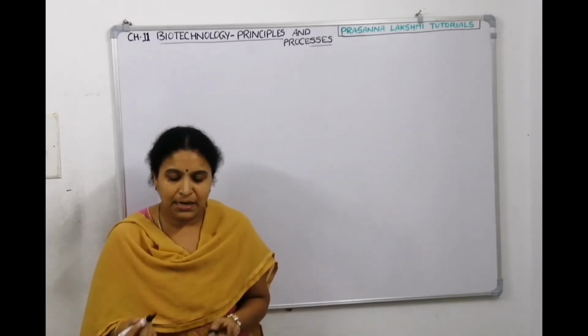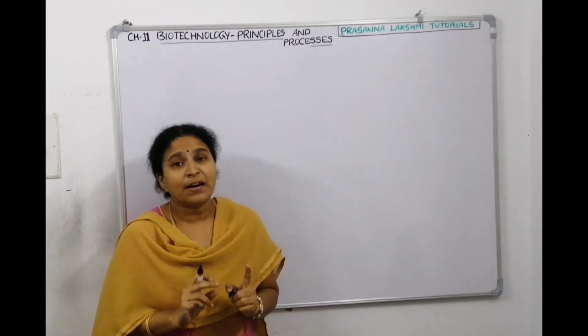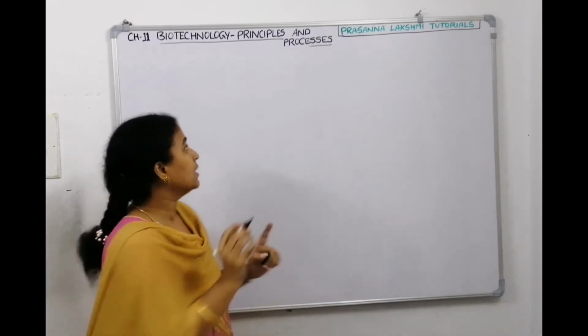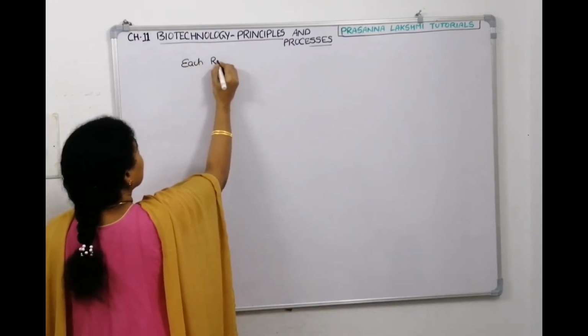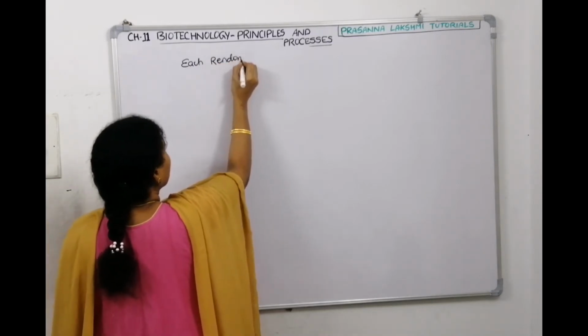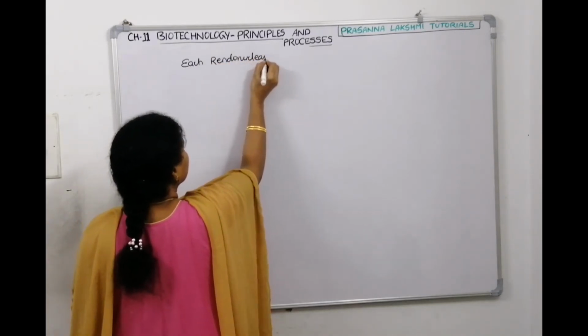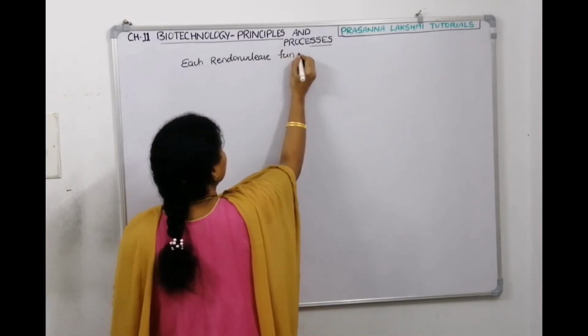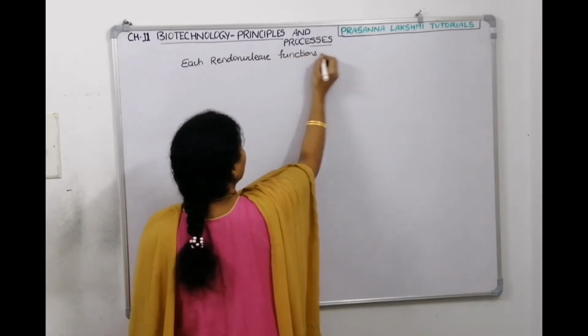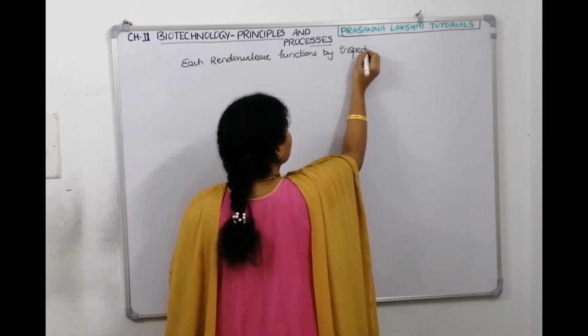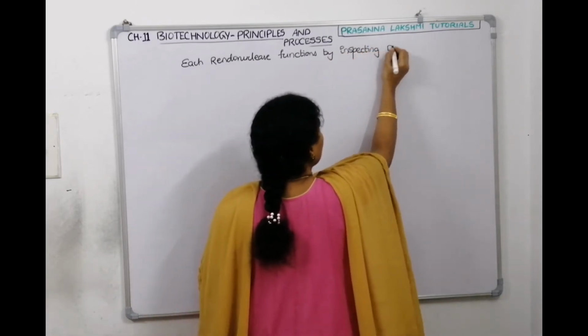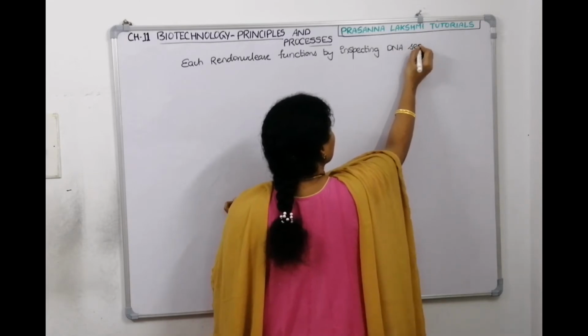So what we will tell: each restriction endonuclease functions by inspecting the DNA sequence.